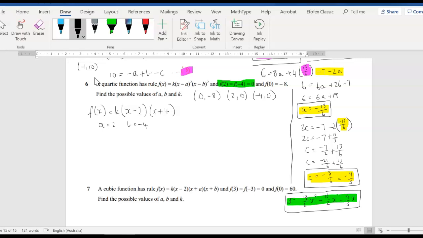But remember, just like that previous question, we could have it the other way around. So we could have f of x equals k(x plus 4) squared, oops, I forgot my squared on there, times (x minus 2) squared.